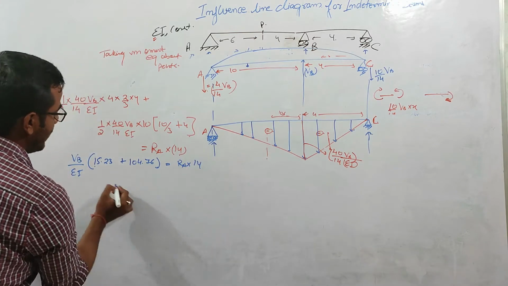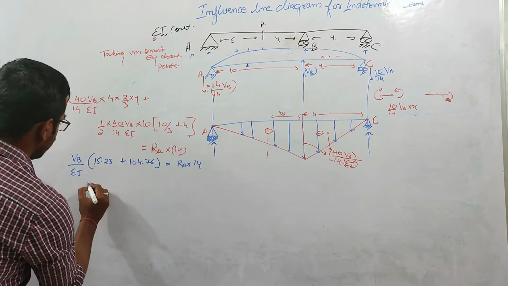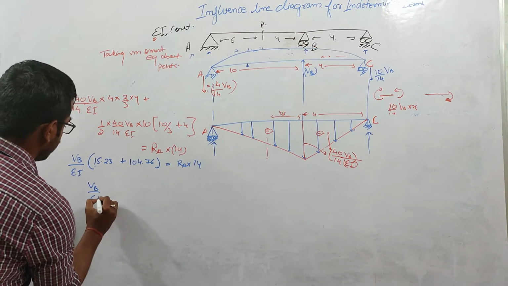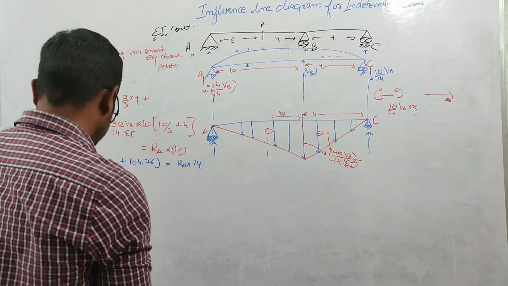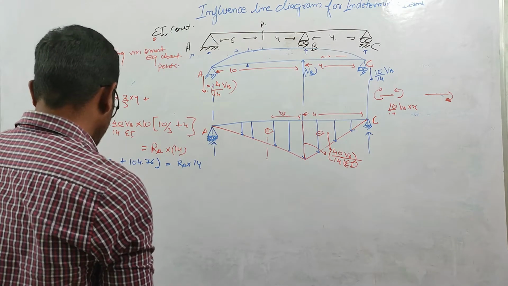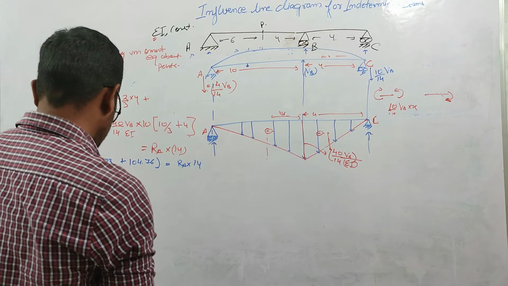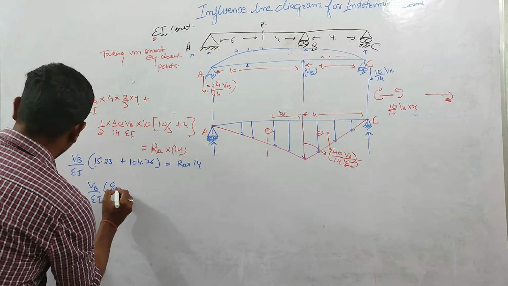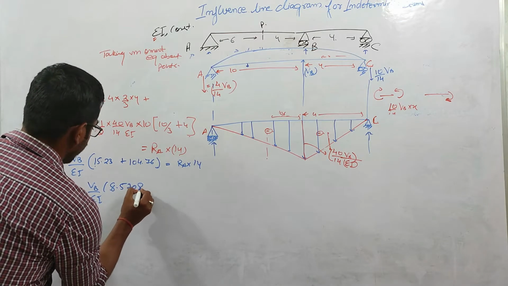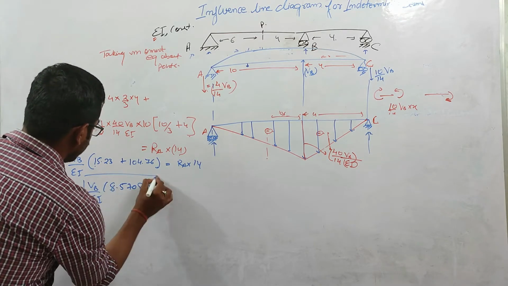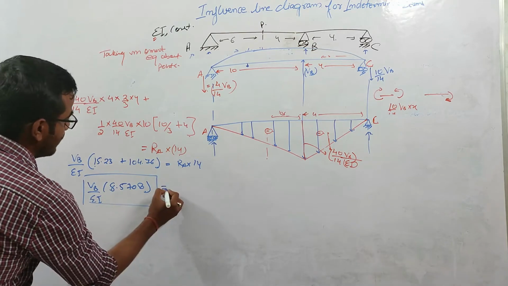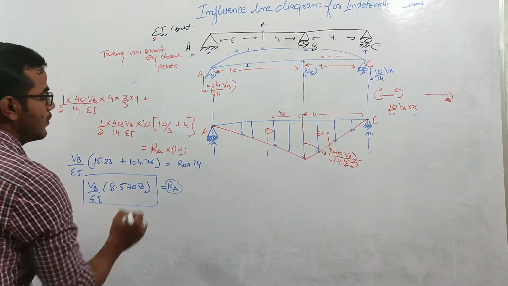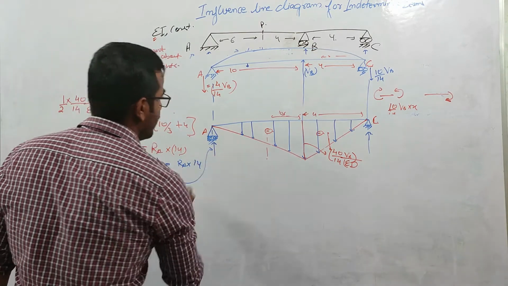If I take 14 to this side, the value becomes 8.5708. This is the value which we are getting, the value of RA. So this reaction is basically RA.